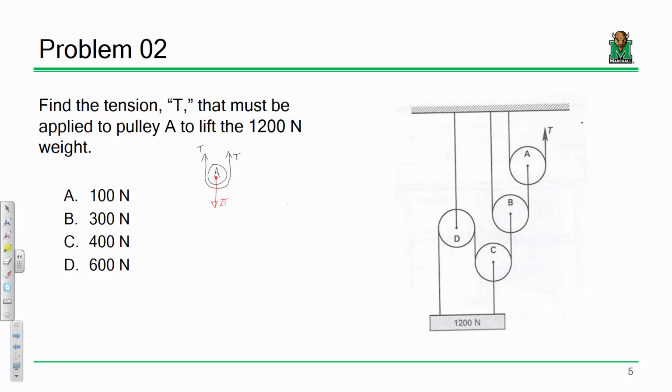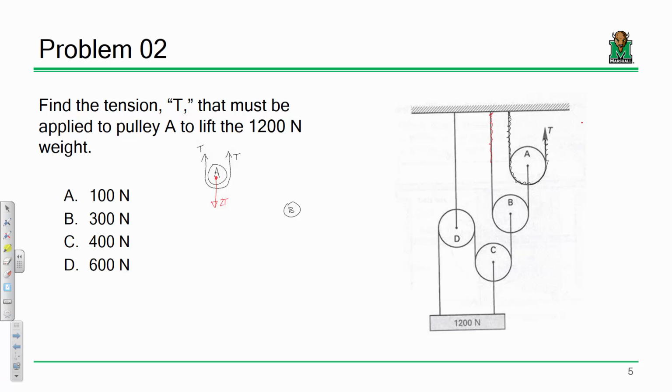Then I investigate pulley B. Now, I'm using different colors for a reason. Pulley B has a new rope going around it, but that rope is the rope from A. So maybe what we ought to do is do some colors here on the diagram. Like this is the black rope.